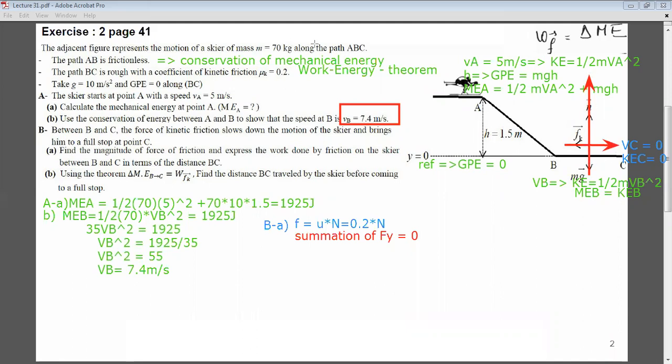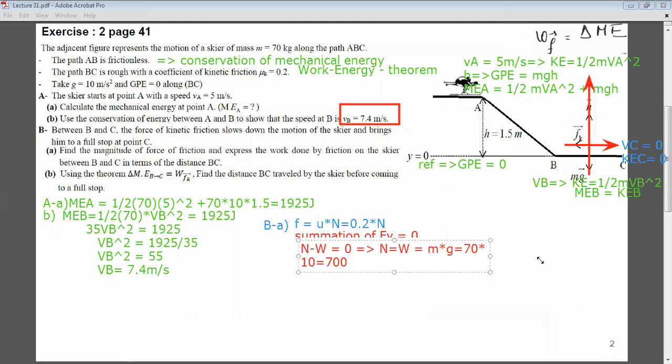I have N and W. So I have N minus W is equal to 0, which gives me N equal W, which gives me N equal m times g, which is 70 times 10, which is 700.